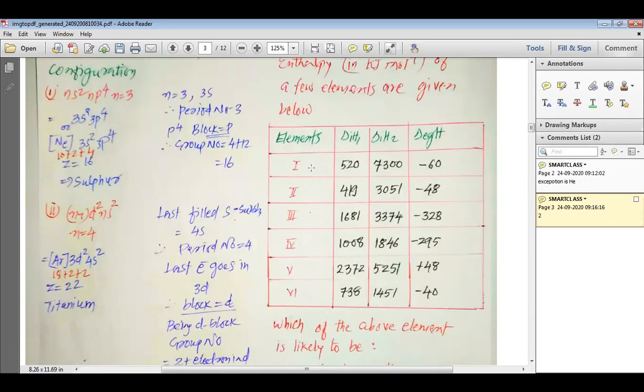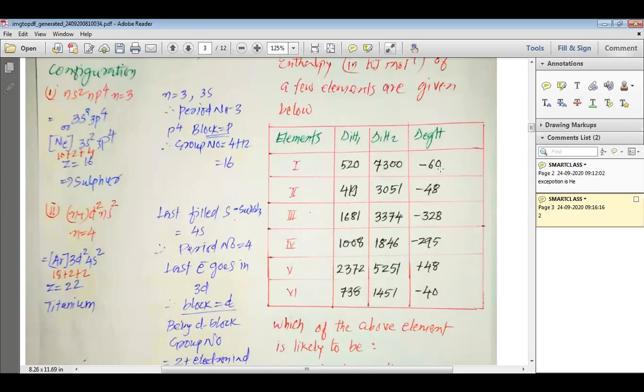Looking at the second ionization enthalpy, it is very high. It again confirms. It also has negative electron gain enthalpy, and you will find that the electron gain enthalpy of this is quite high compared to this 40 and 48.